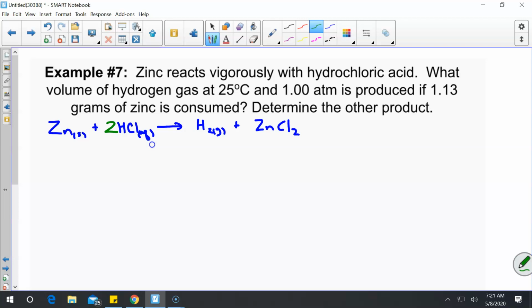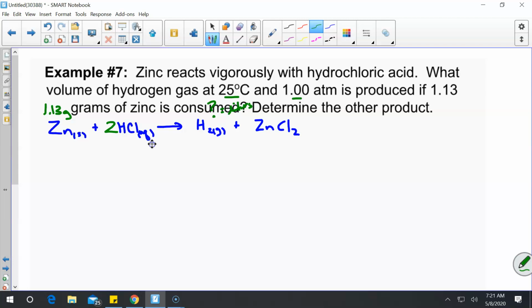Now, I need to also look at this. I have 1.13 grams of zinc, and they're asking me what volume of hydrogen gas, at those conditions, is going to be produced. I want to know this, and I want to know it in liters because it says volume. Okay, now, here's what we do.